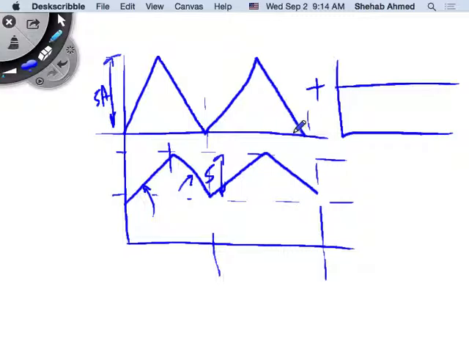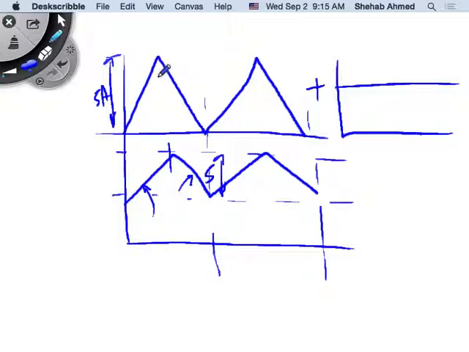What's the RMS value of a DC value? The same, that's the DC value. So you know the RMS value of this waveform, and you already know the RMS value of this waveform, instead of having to find the equation of this line and do the integrations, which would be much more complicated.